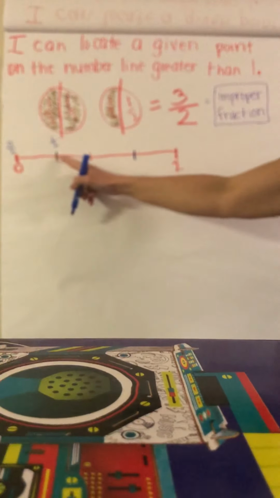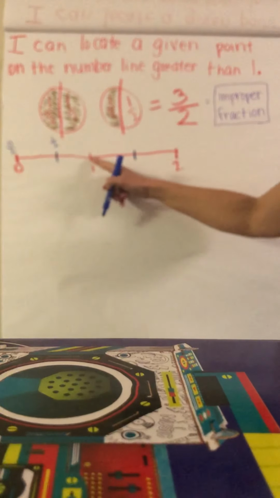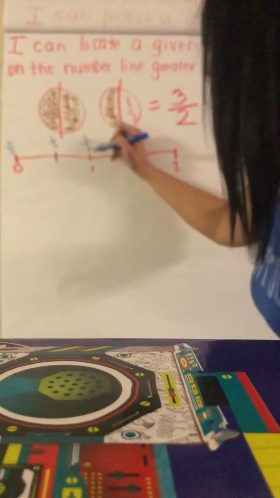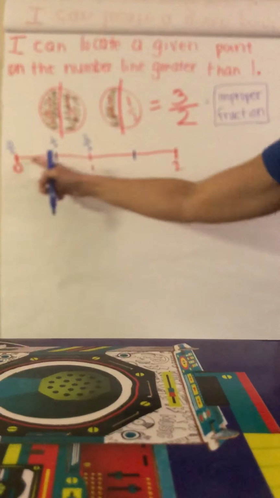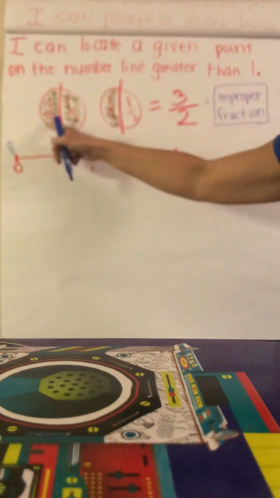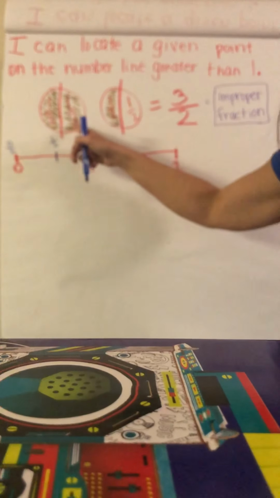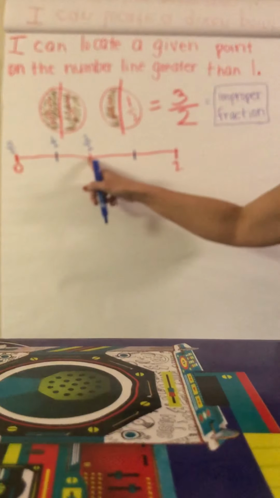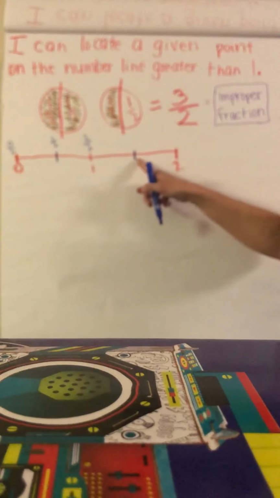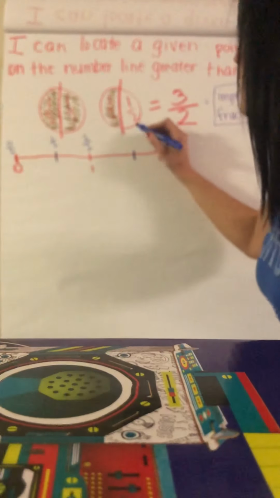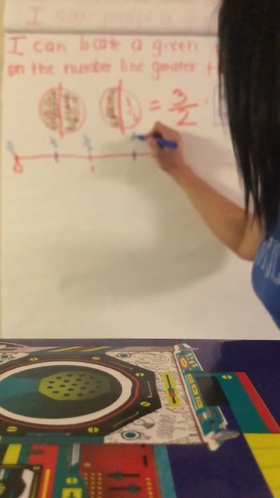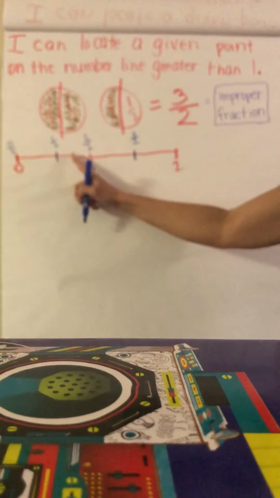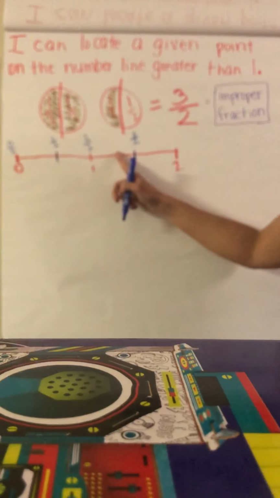I'm going to move over to my next hash mark, and I have 2 halves. Okay, and then that would mean my shape is whole. So there's 2 halves. I have 1 whole circle. Going back to my number line, I'm going to look at my next hash mark, and I have 3 halves. Okay, so 1, 2, 3 halves.